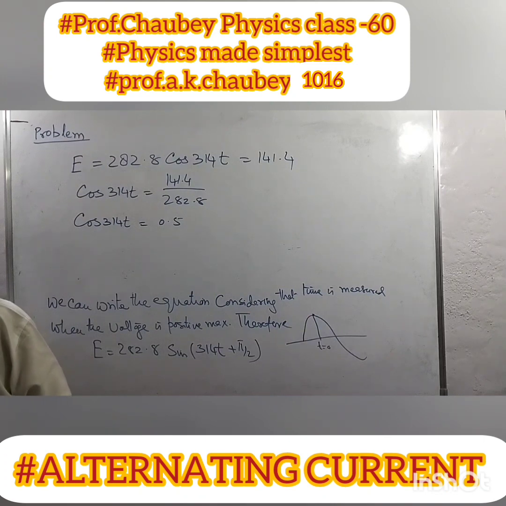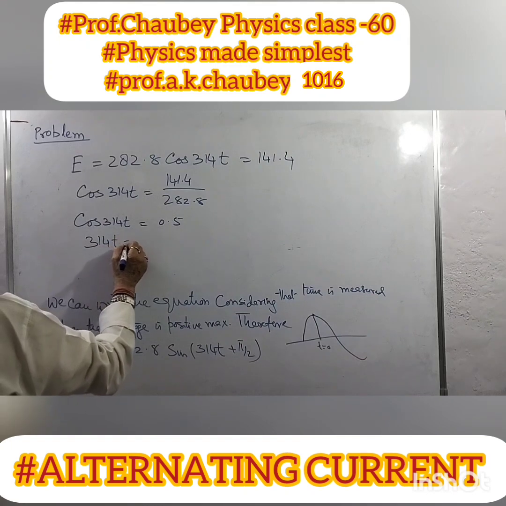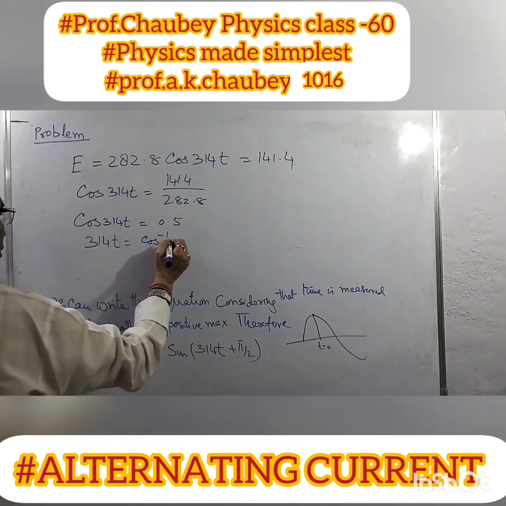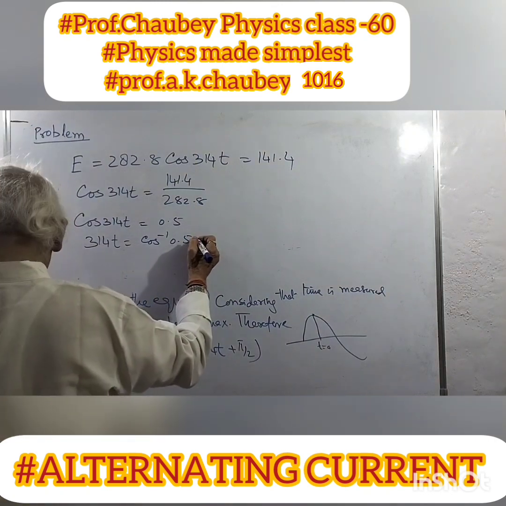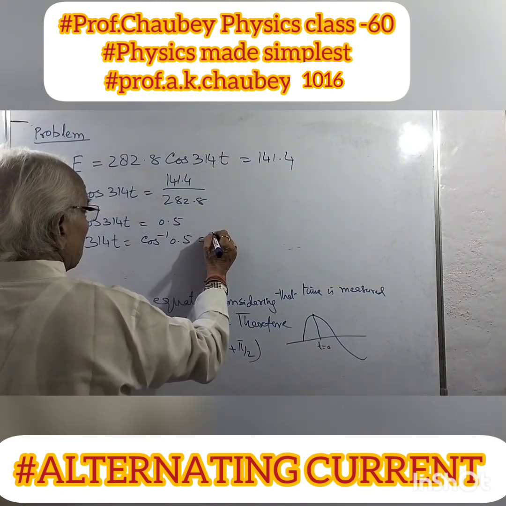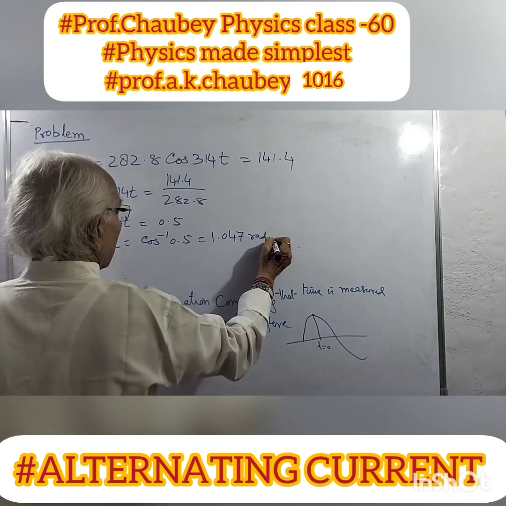So 314t is cos inverse 0.5. How much in radians? 1.047 radian.